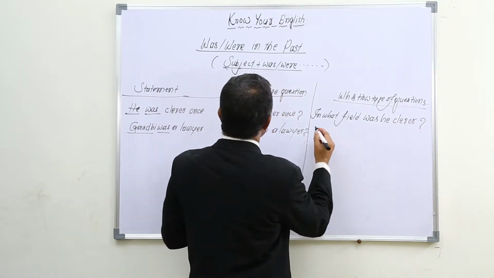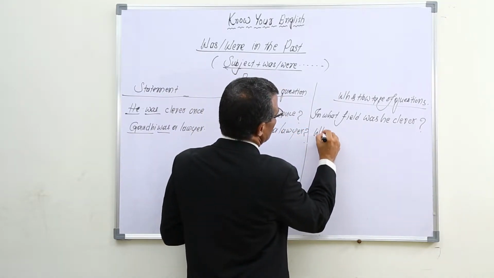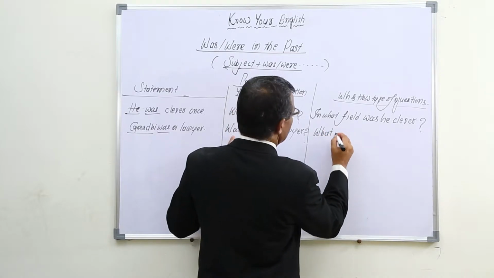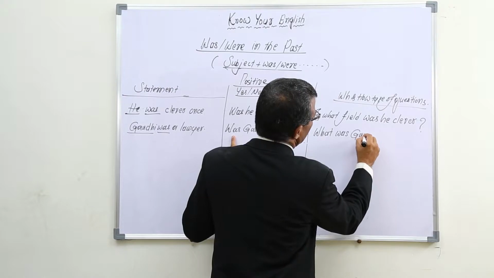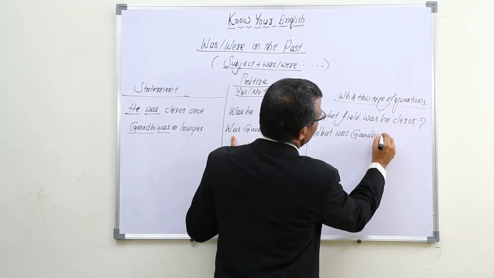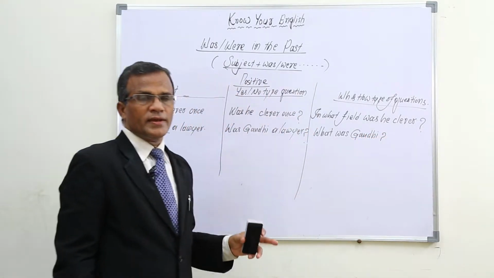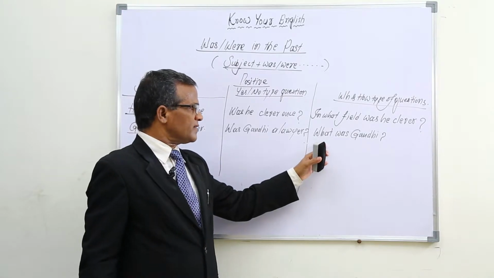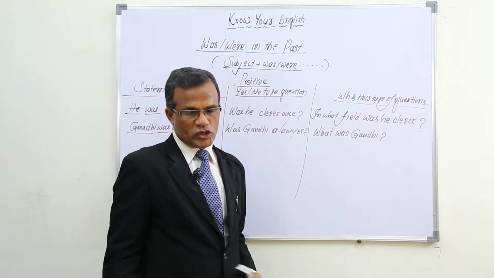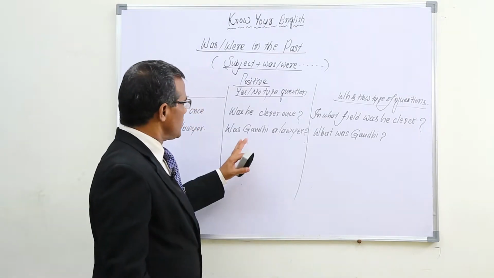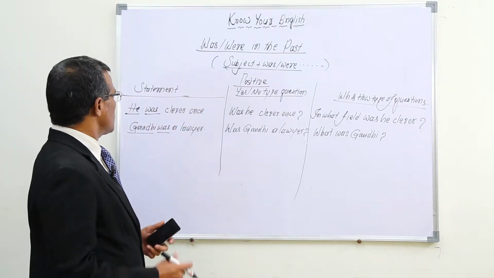And WH questions like what was Gandhi? What was Gandhi? So this is a question which seeks the answer to be occupation. In this way we can put questions also.